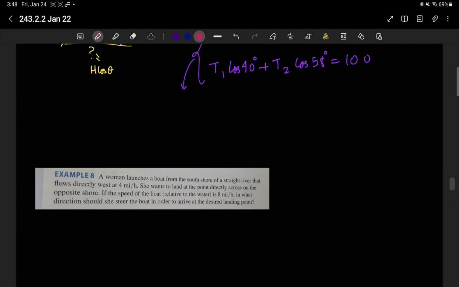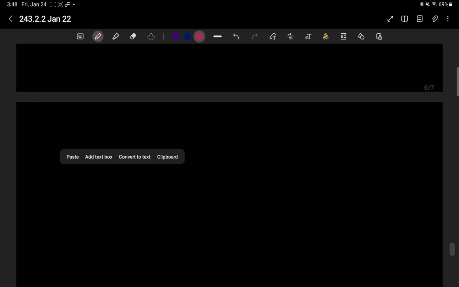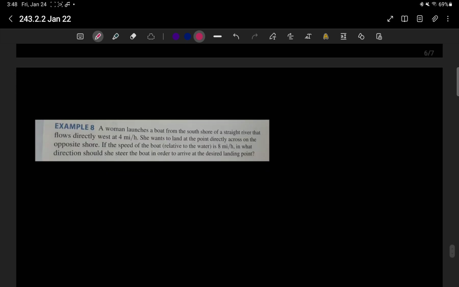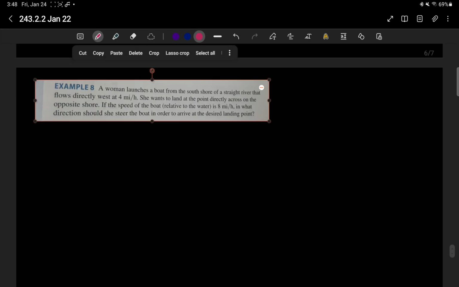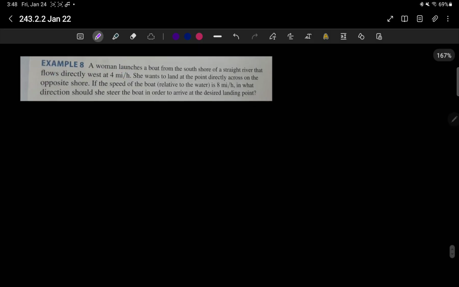Okay, let's look at a second problem here. In this case, a woman launches a boat from the south shore of a straight river, and just by reading it once, you know it's a problem of swimming in directions.